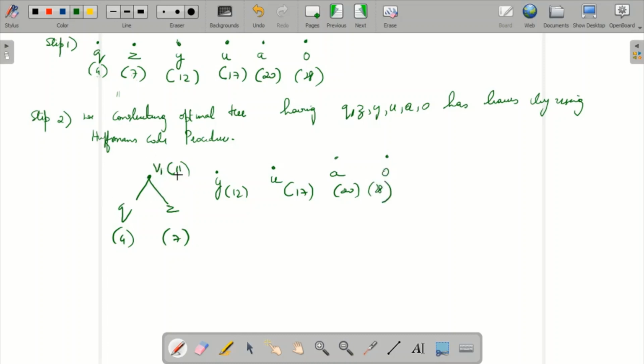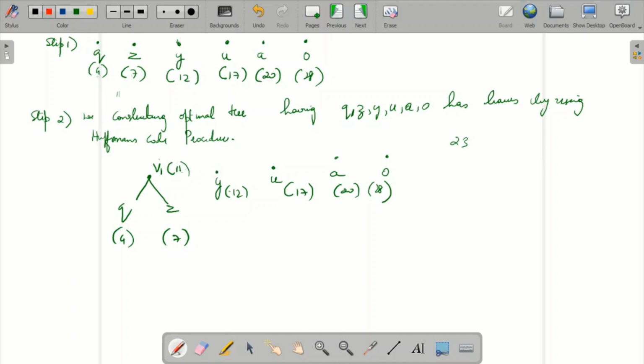Repeat this step again. Minimum 2 you will take and combine to form one more branch. So here all these are at one level. So 11, 12 will give you 23, where that new vertex should be placed next, because these are done already.